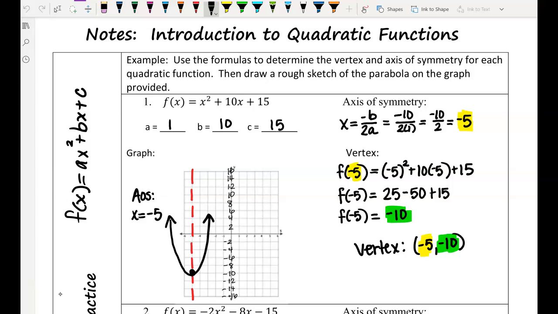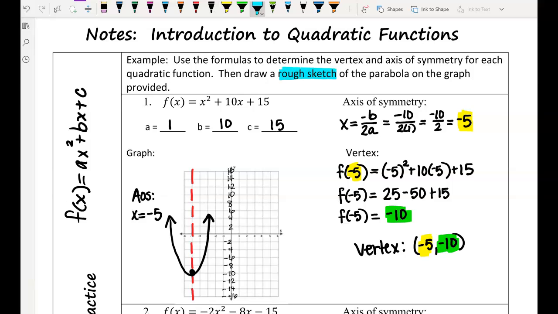We did renumber our y-axis so that our vertex would fit, because once we substituted that negative 5 into the quadratic equation, we found out that it equaled negative 10, and that gave us our vertex at negative 5, negative 10. And then we drew a rough sketch.